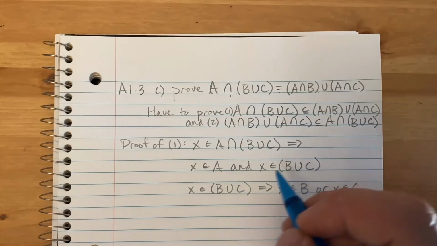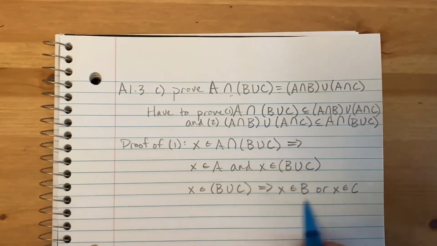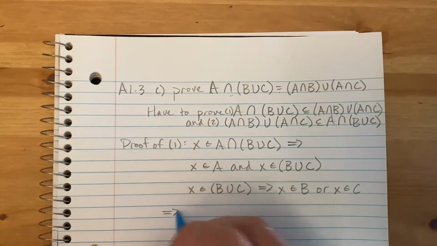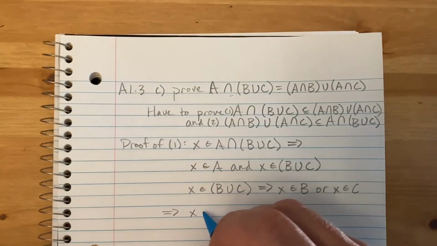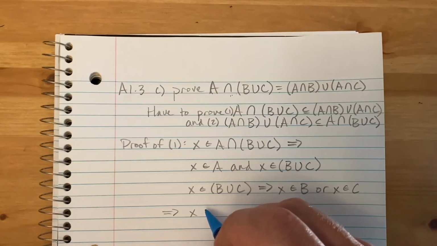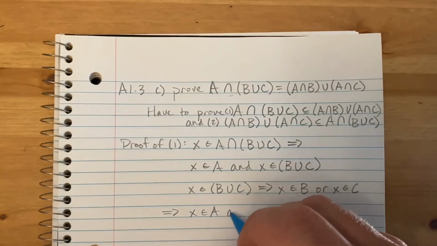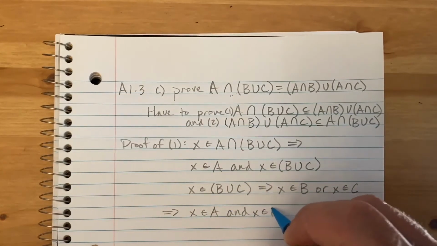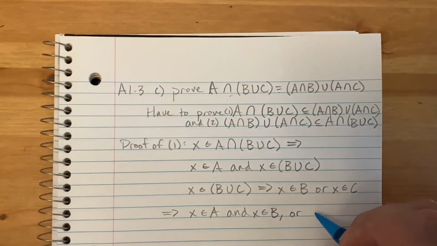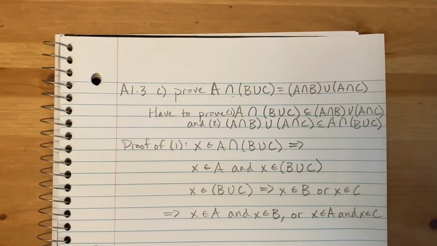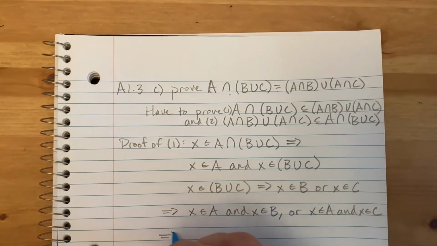So basically what we have now is that x is an element of A, and x is an element of B, or x is an element of A and C. So we can write that, right?